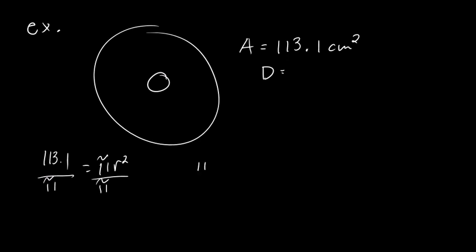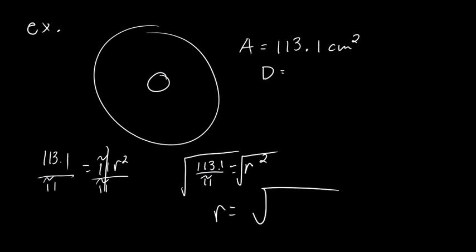So 113.1 divided by pi is equal to r squared. And then, in order to undo something squared, we need to take a square root. So if we take the square root, r equals the square root of 113.1 divided by pi.